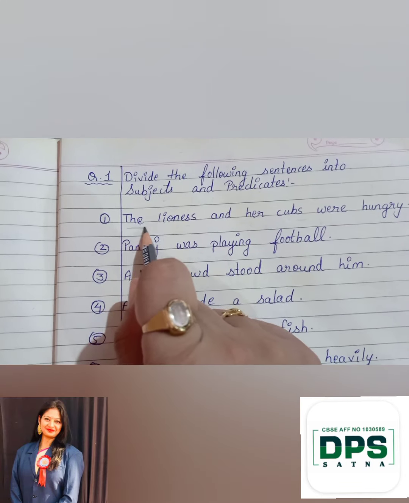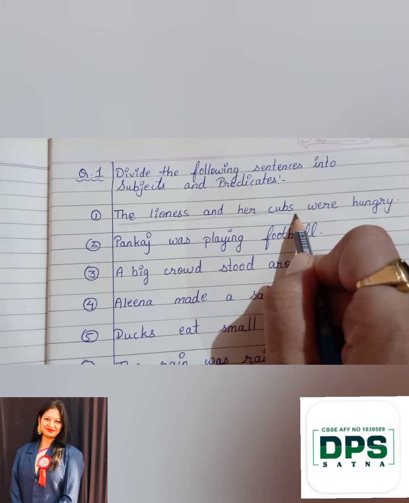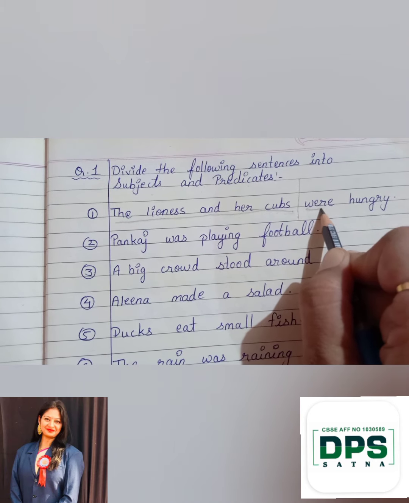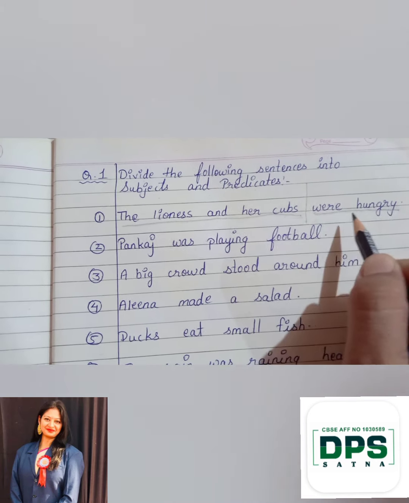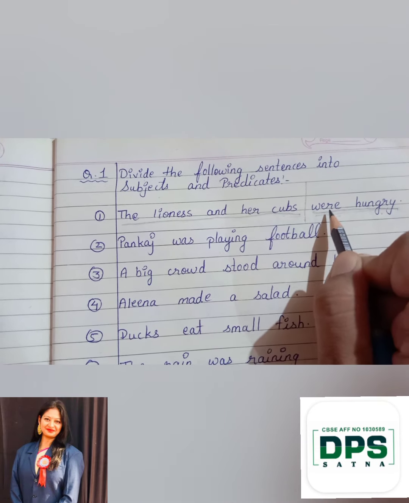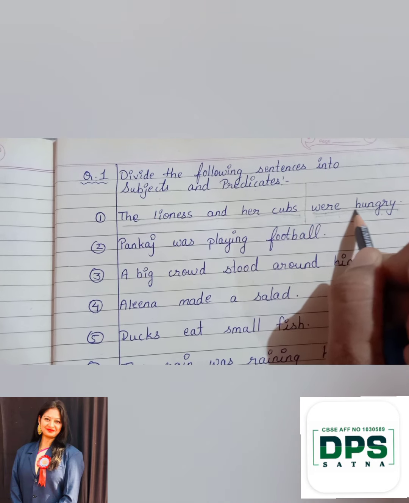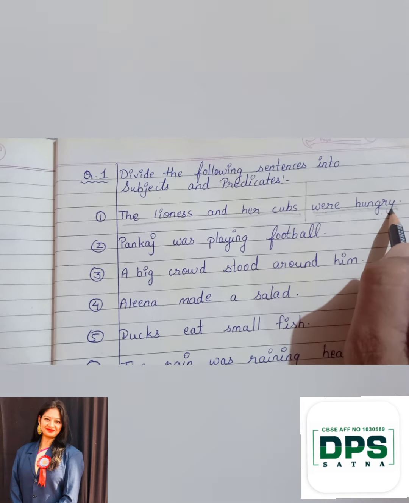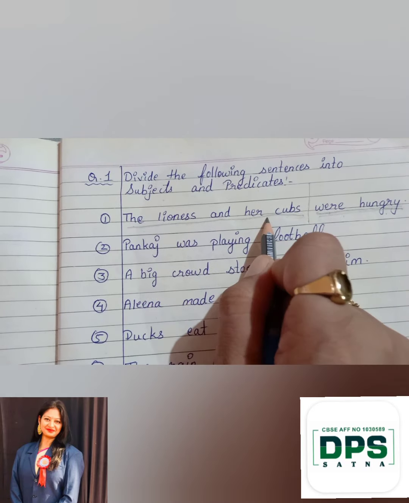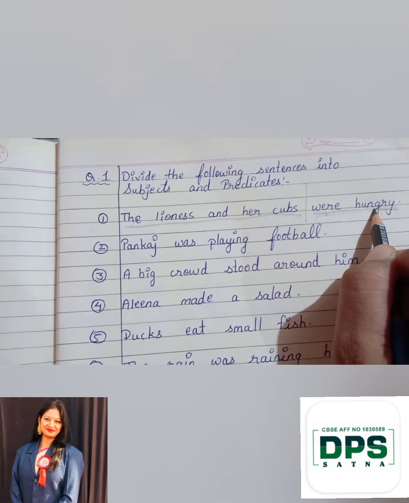The lioness and her cubs is your subject. Rest is were hungry. Remaining part is were hungry. So this is your predicate. Were is your helping verb, so from here your predicate starts. So the subject is the lioness and her cubs, and predicate is were hungry.